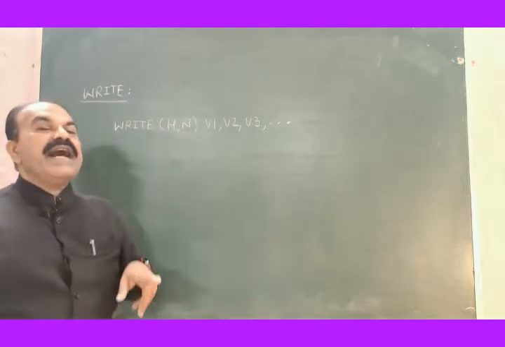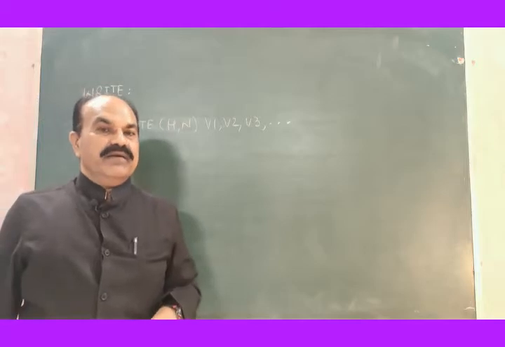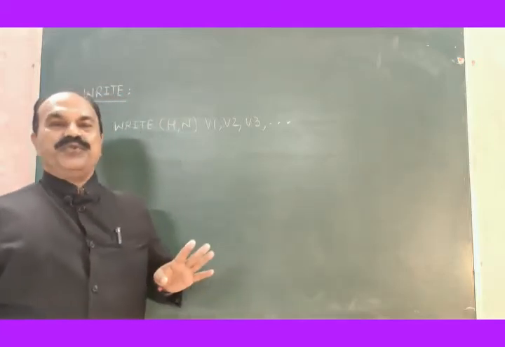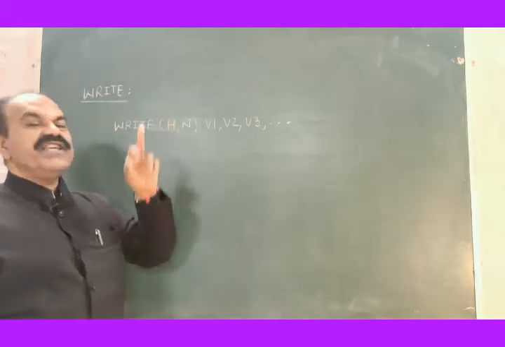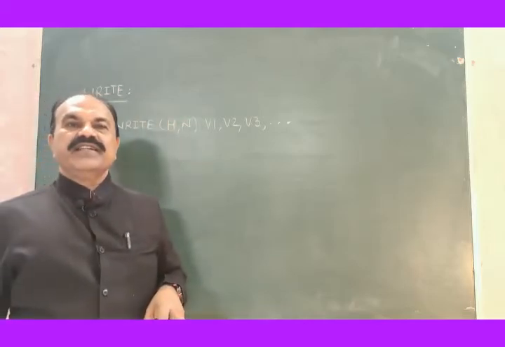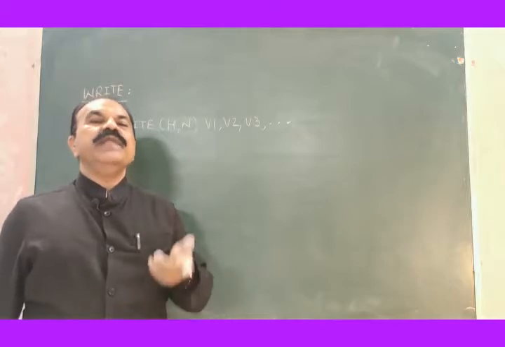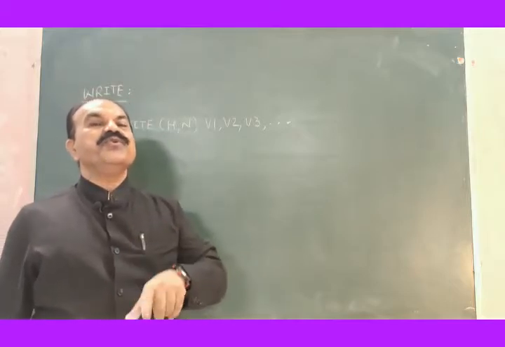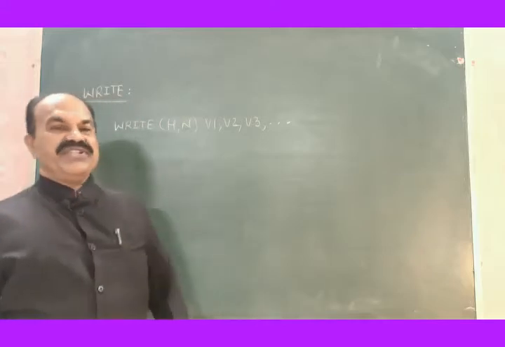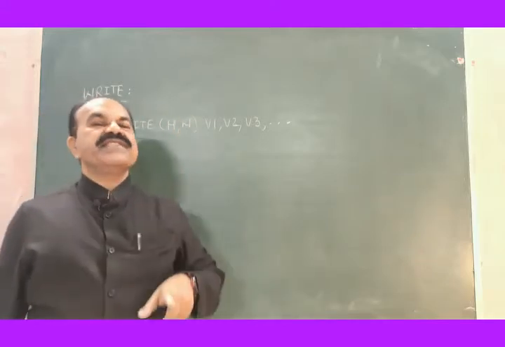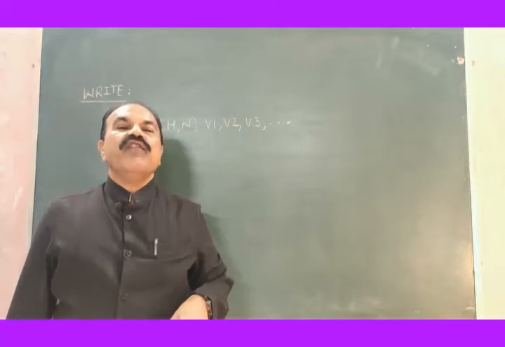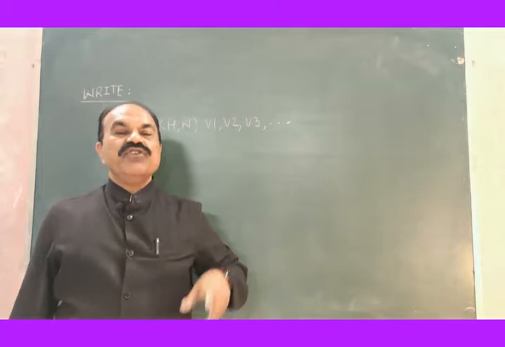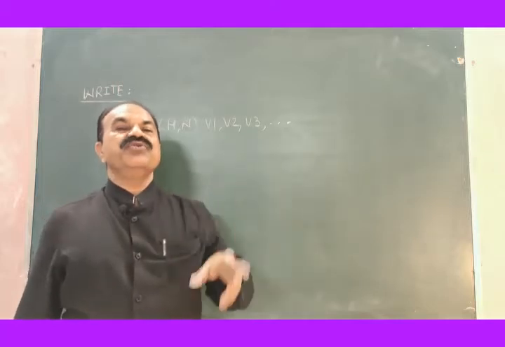Here H is the hardware number of the output device which is going to provide us the output. Capital N is a statement number of the format statement which decides what should be format of the output data.